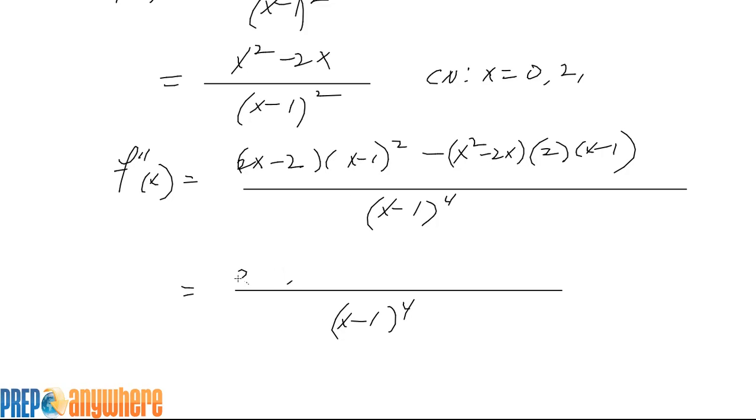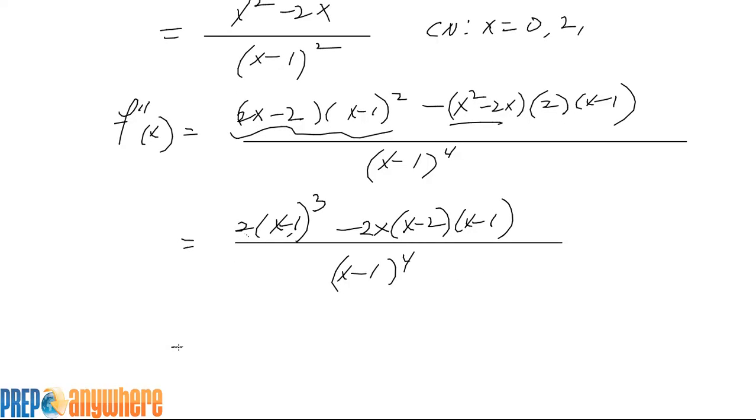Let me clean that up. You can factor out x from here and you get x - 2, another 2 at the front. So we can at least factor out one x - 1, which will cancel out with the (x - 1) at the bottom, to give you (x - 1)² - 2x(x - 2).